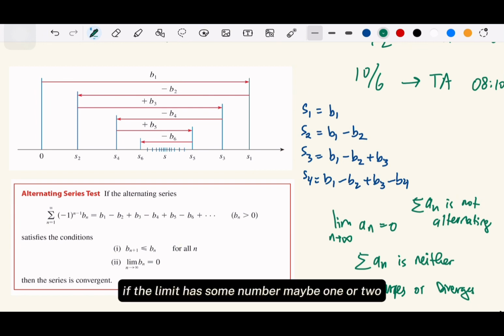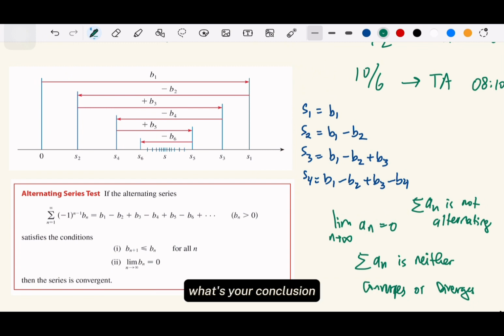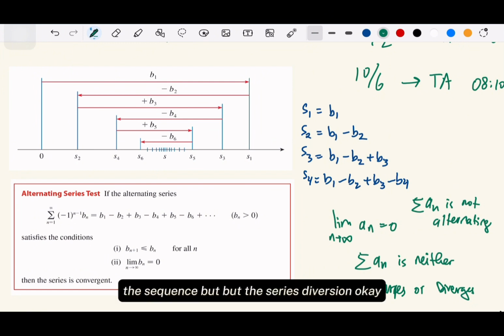If the limit has some number, maybe 1/2, what's your conclusion? No, divergent. The sequence is convergent, but the series is divergent. Okay, remember that.